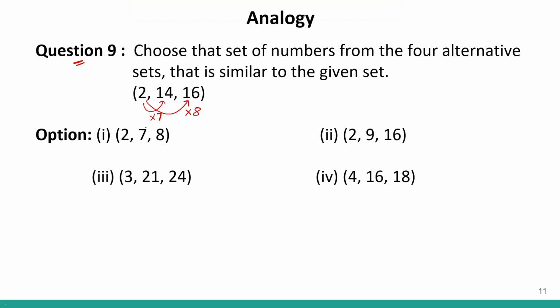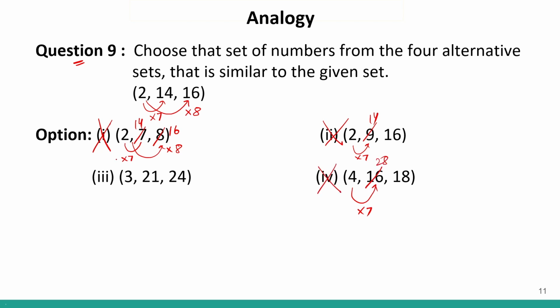Now let us check the options. 2 into 7 should give me 14. Similarly, over here I will get 16 if it is 2 into 8. So this is not correct. Checking over here, 2 into 7 will give me 14. So not correct. 4 into 7 will give me how much? 28, not 16.